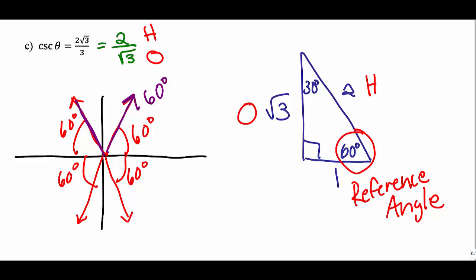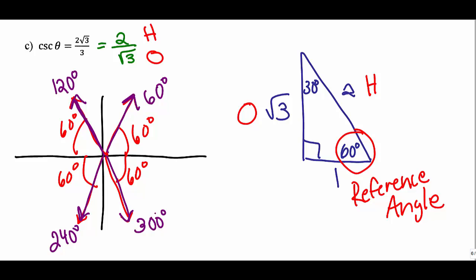In quadrant 2, that would be 180, take away 60, so that would be 120 degrees. In quadrant 3, we go all the way around, 180, and then add 60 degrees, so that would give 240. And then in quadrant 4, we do 360, take away 60 degrees, and that will give us an angle measure of 300 degrees. So which of these angles would actually give us a positive cosecant value that we are looking for?